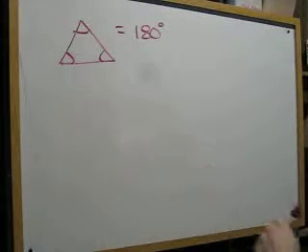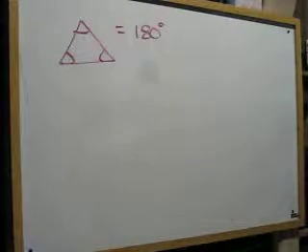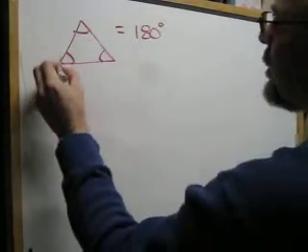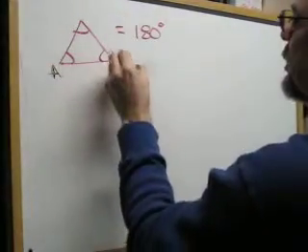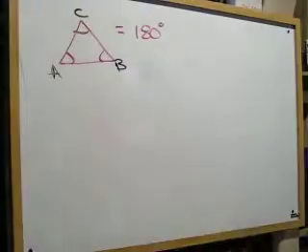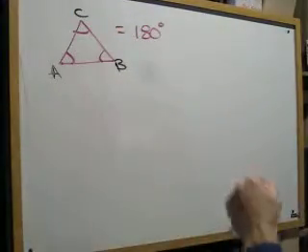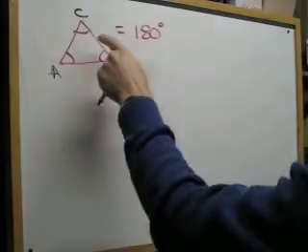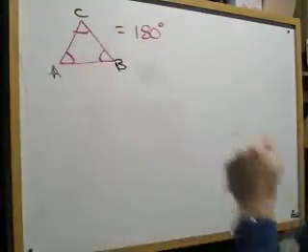Also, as far as labeling triangles, there's a certain way that they're labeled, and that is all of the angles, the vertices, get capital letters. That means that all of the sides get lowercase letters.